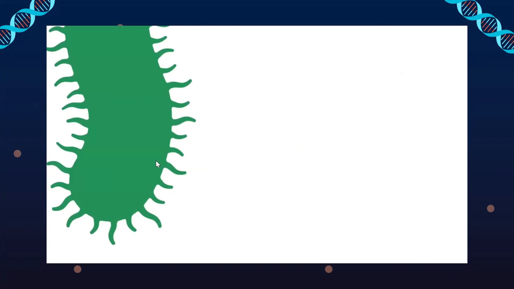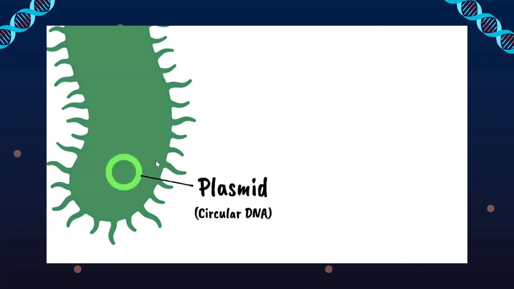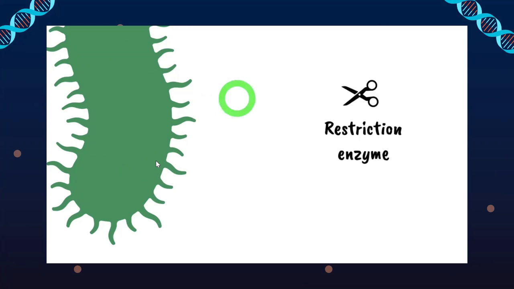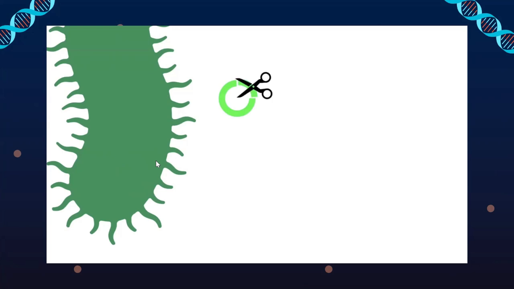Bacterial cells have circles of DNA in them, which we call plasmids or yung bacteriophages kanina. So ngayon, tatanggalin na natin yung plasmids and then use a restriction enzyme to open them up. So ikakat po natin itong plasmids.